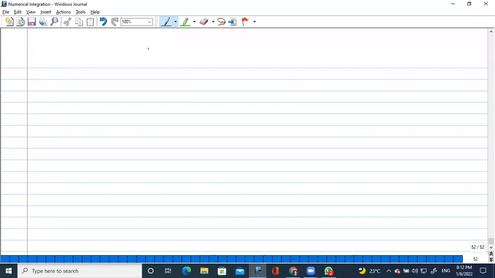Now suppose this is my source, and the position vector for that is R2.